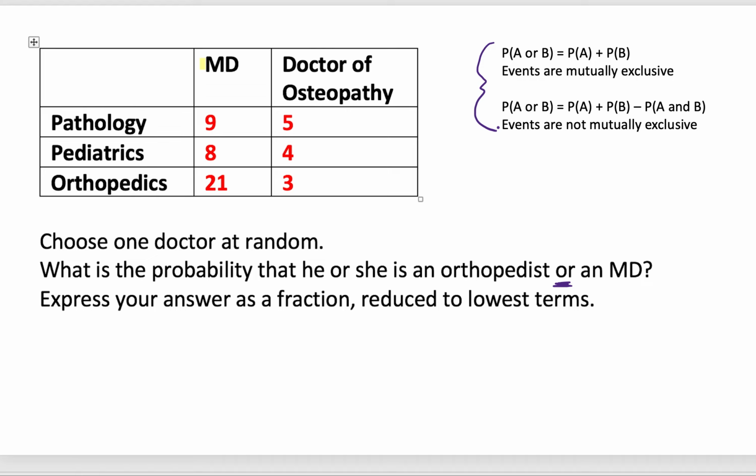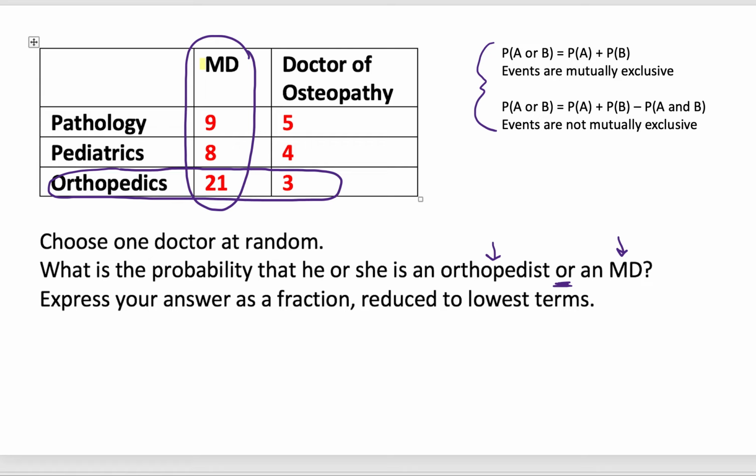All right, so we want to look at the orthopedists, which would be everybody in this row. Then we want to look at the MDs, so that would be everybody in this column. And we want to see whether these two intersect.